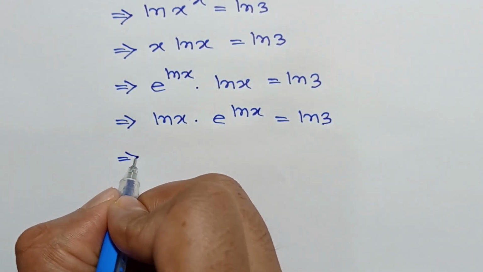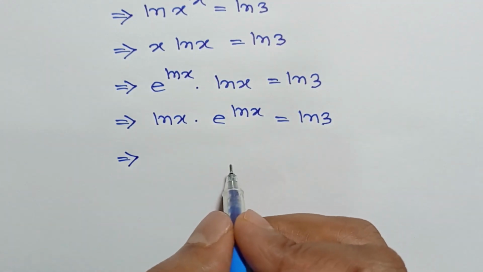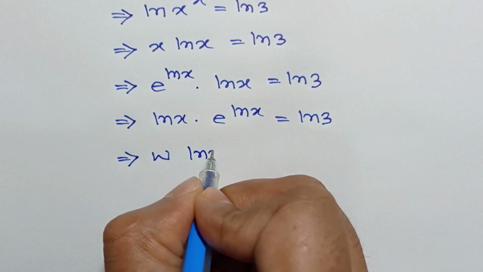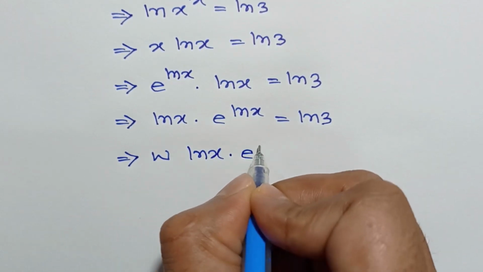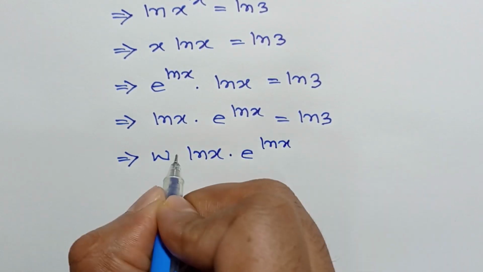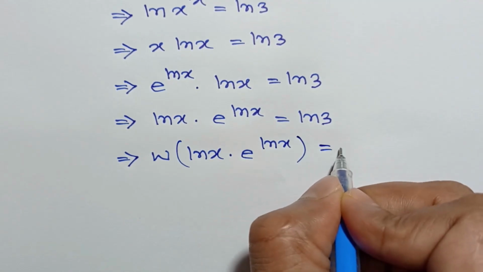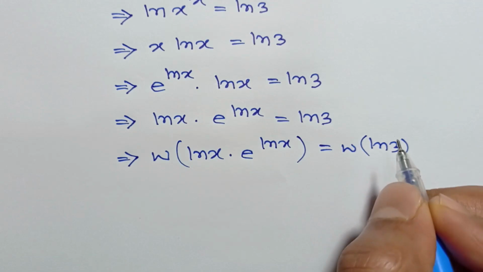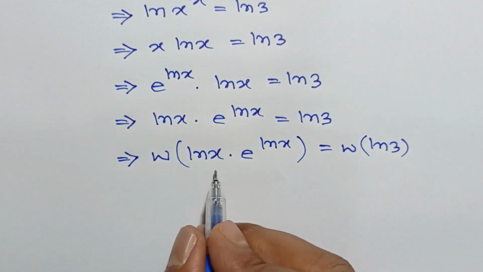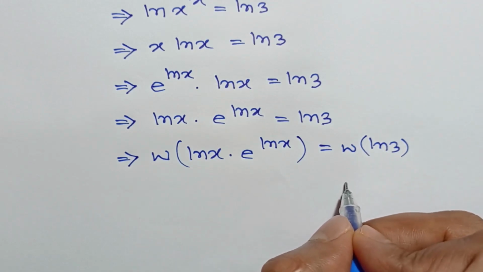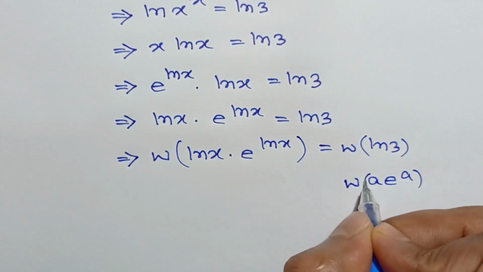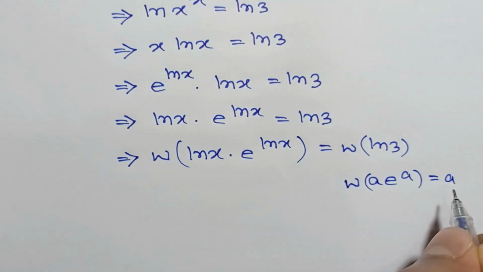Taking the Lambert W function to both sides, we will have W of (ln of x times e to the power ln of x) is equal to W of ln of 3. Now from the Lambert W function we know W of (a e to the power a) is equal to a.